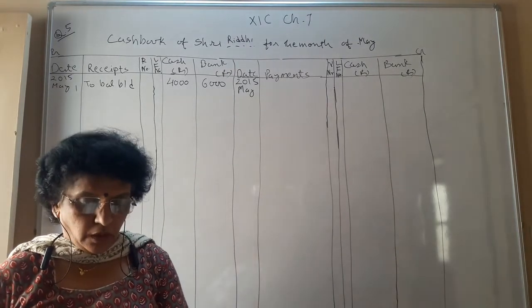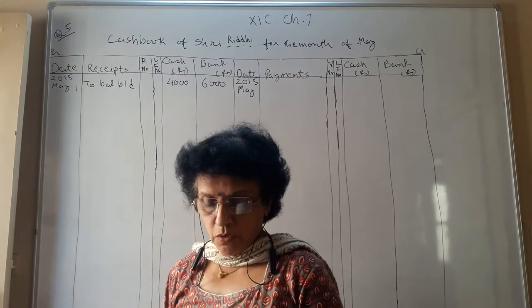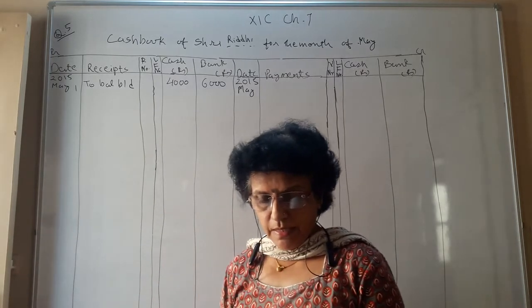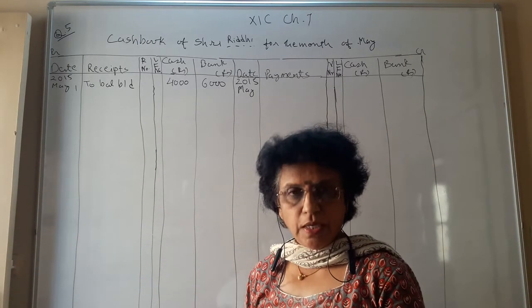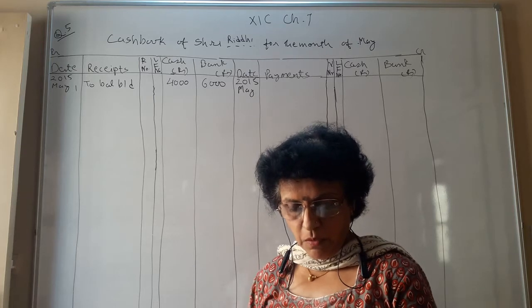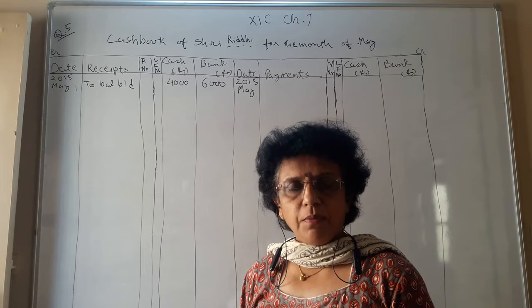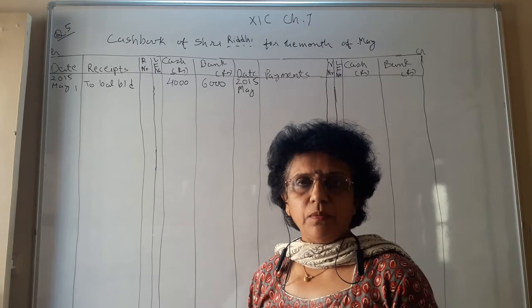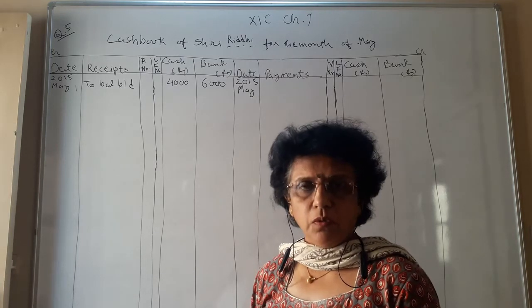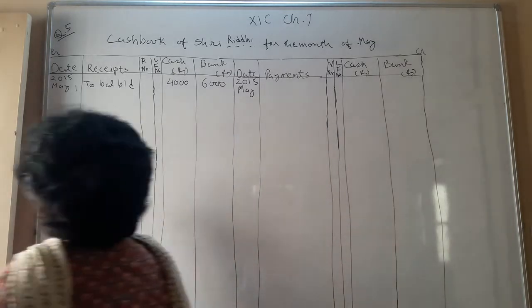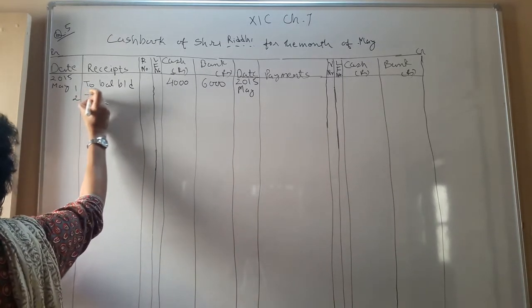Second, goods of rupees 5,000 sold to Monica at 10% trade discount. Monica issued a check for the necessary amount which is immediately deposited in bank. When you have deposited in bank, the entry is to be recorded in the bank column only. So on the second, we have sold the goods.